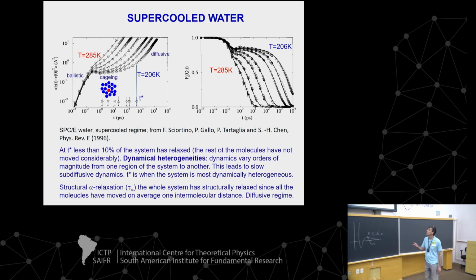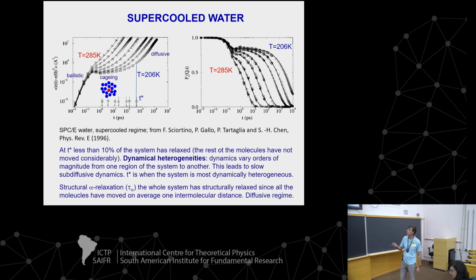This occurs at very short times and very short length scales. Then you have a caging regime when you are in the supercooled regime, but if you are at high temperature, you change from the ballistic regime directly to a diffusive one. And in the supercooled regime, you change from a ballistic to a caging regime, and then finally to a diffusive regime.